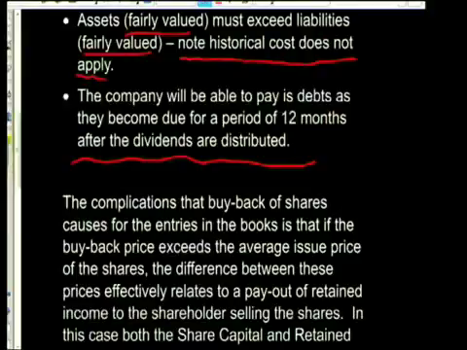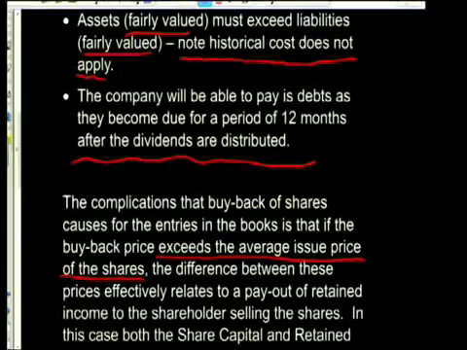Now, the complication that the buyback of shares causes for entries in the books is that the buyback price will exceed the average issue price of the shares. Critical point. The buyback price or the repurchase price will be higher than the average issue price.